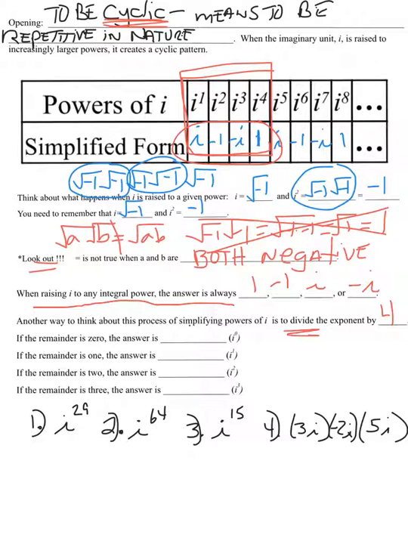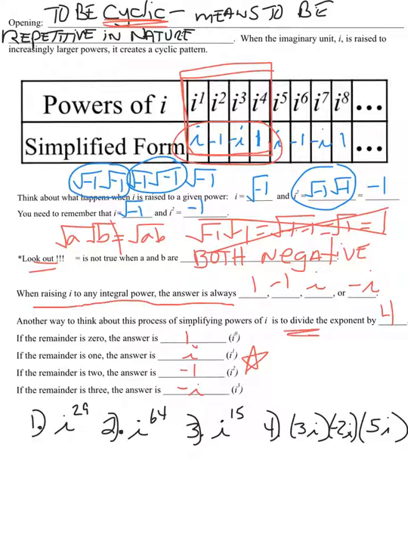When the remainder is 0, the answer is going to be 1. If the remainder is 1, you're going to get an i out of it. When the remainder is 2, you will get a negative 1. And if the remainder ends up being 3, you will get a negative i. If you're dividing by 4 and you didn't go enough times, you're back to the beginning. So this is a very important pattern to discuss.